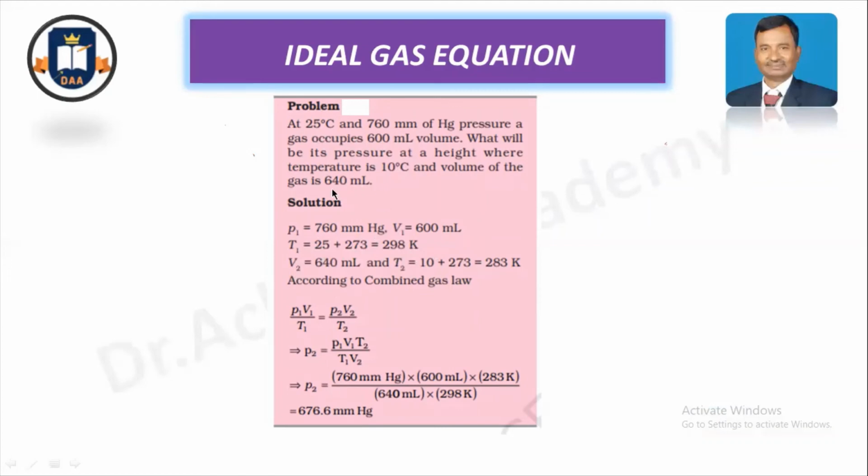V2 is already mentioned as 640 ml, and T2 is again 10 degree centigrade, 10 plus 273 means 283 Kelvin.